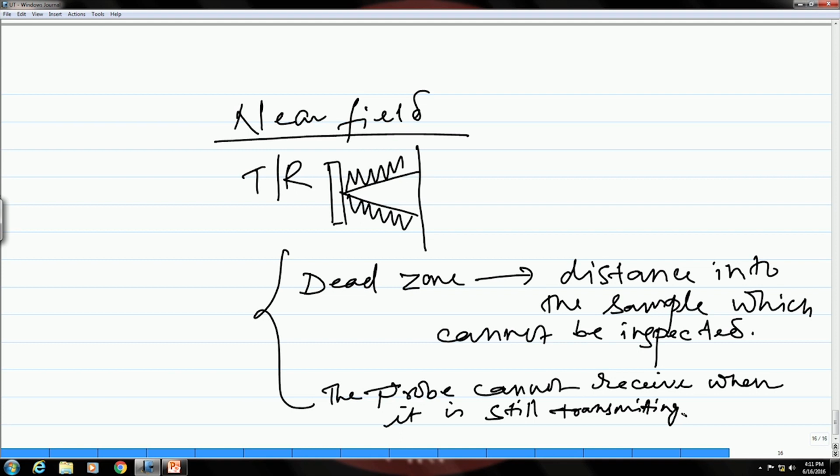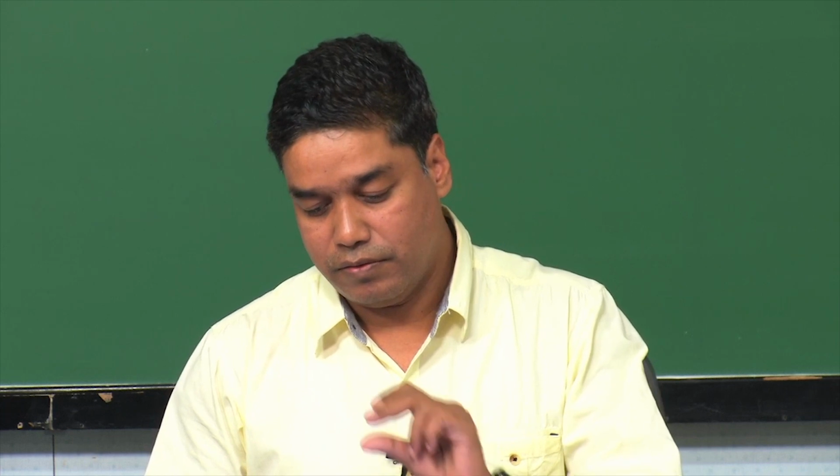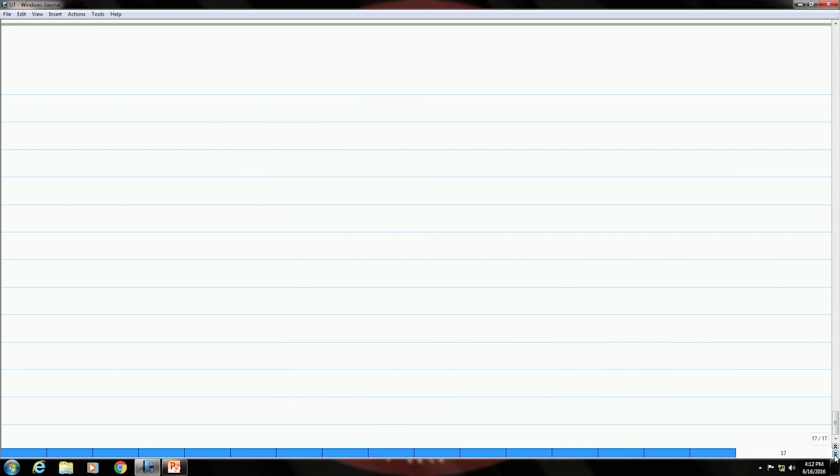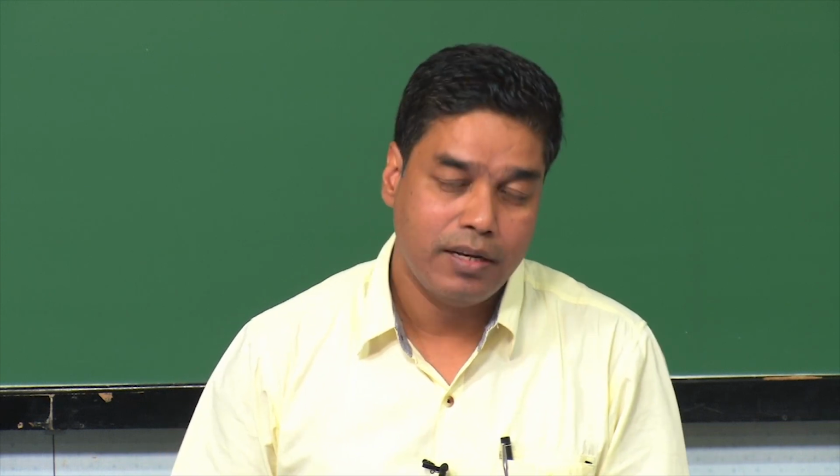And due to that fact, the near surface defects or near surface echoes may be missed. So, that particular distance which cannot be inspected due to these fluctuations, as I said, is known as the dead zone. Okay. But there are some means and ways by which this dead zone can be avoided, or at least can be minimized.